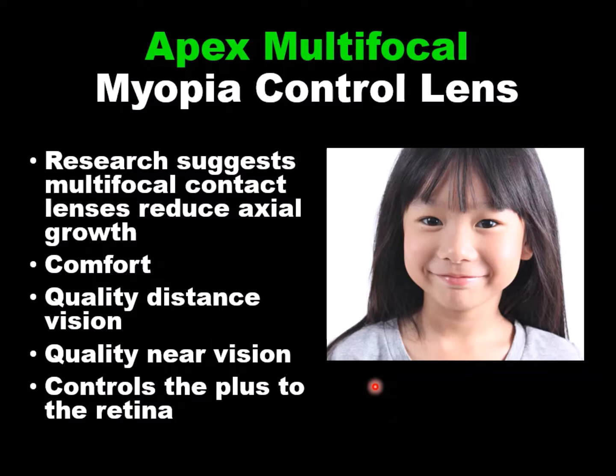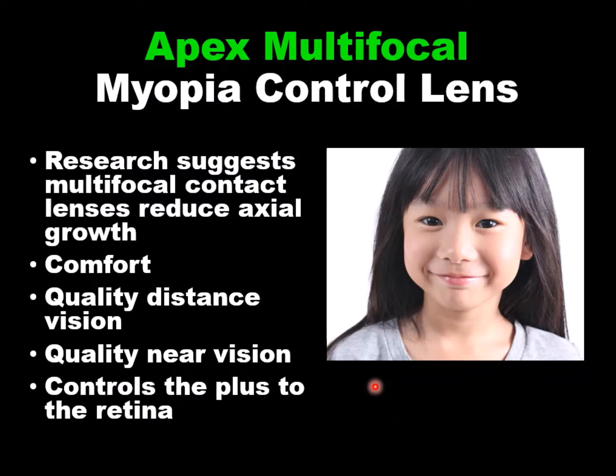Coupled with the Apex Multifocal, its large diameter and high asphericity, we can provide these young kids with very good initial comfort and also, of course, provide them the quality distance and near that they require. But most importantly, we're trying to push that plus into the eye to create that stop signal for eye growth. And this is where multifocal contact lenses can be beneficial.